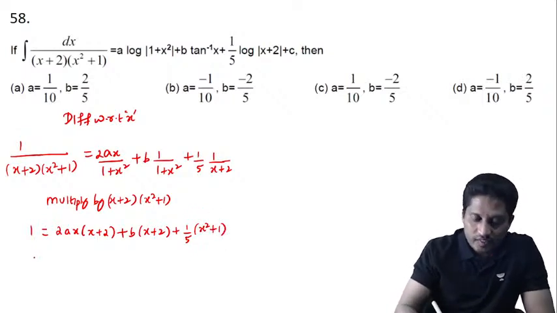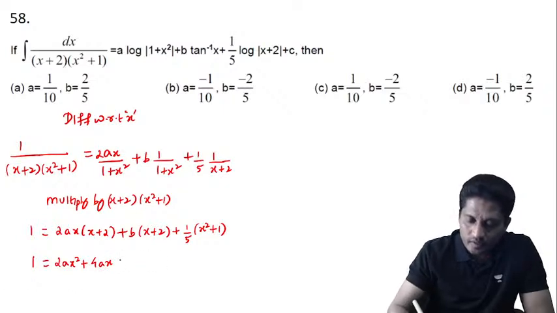Right? Now if you multiply you get 1 is equal to 2ax square plus 4ax plus bx plus 2b plus 1 by 5 x square plus 1 by 5.